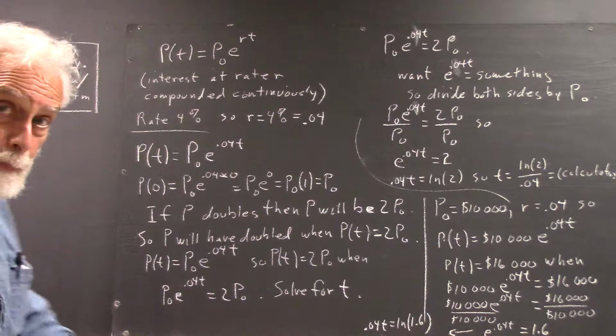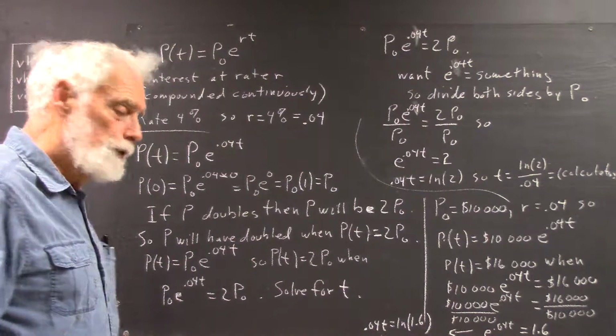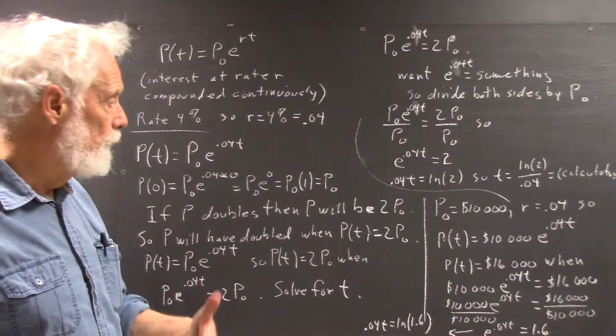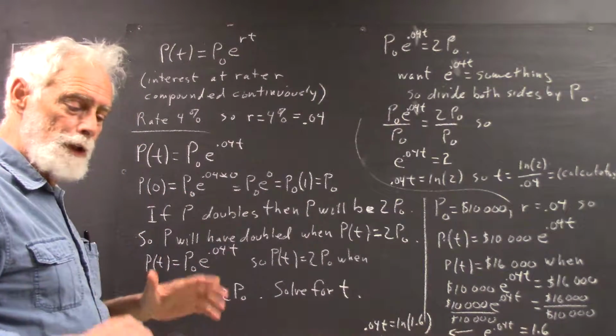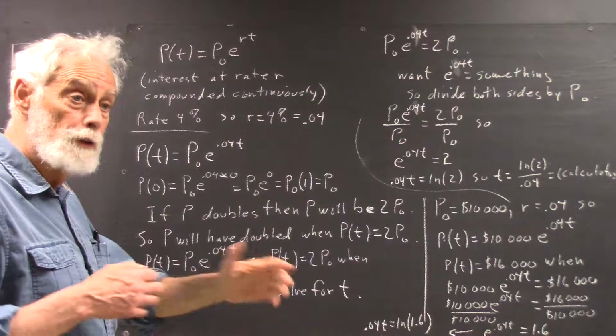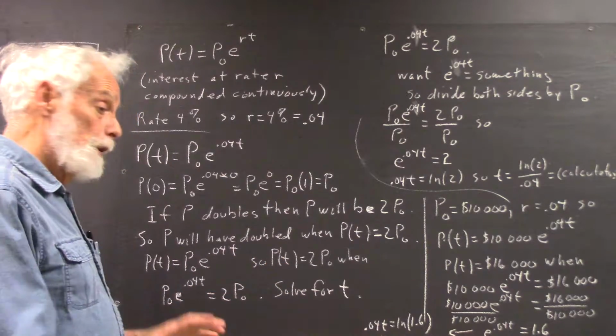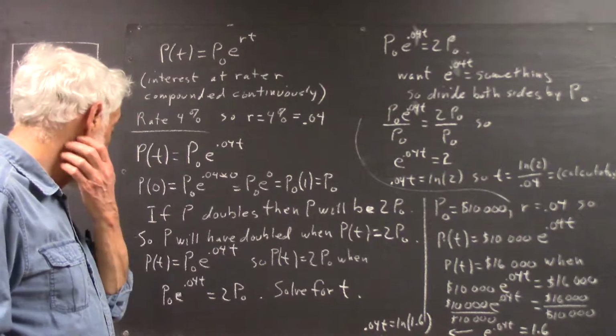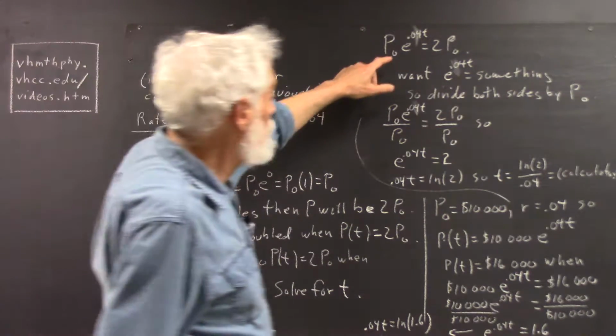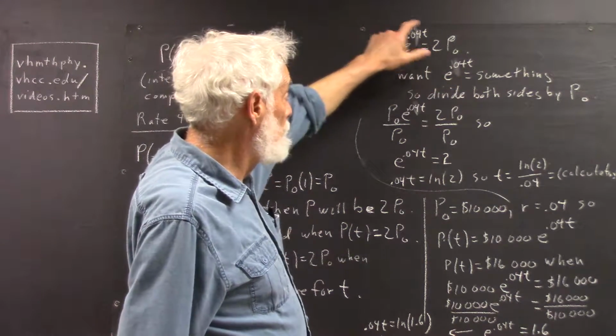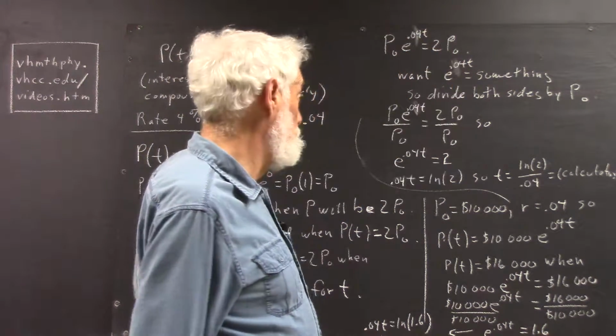Well, we use our simple rules of algebra, and we will eventually get to the point where we have to use our rules for expressing an exponential as a logarithm. An exponential equality is a logarithm. So how do we do that? Well, let's write down the equation: p naught e to the 0.04 t equals 2p naught.